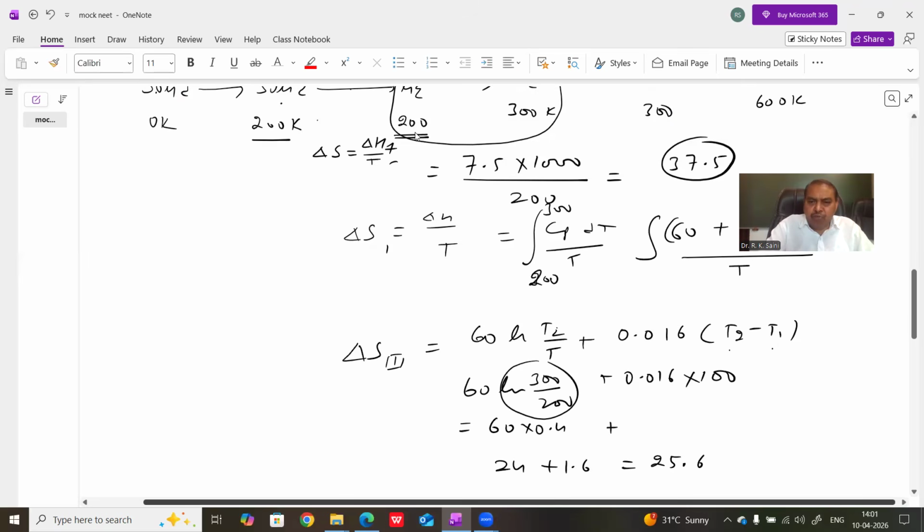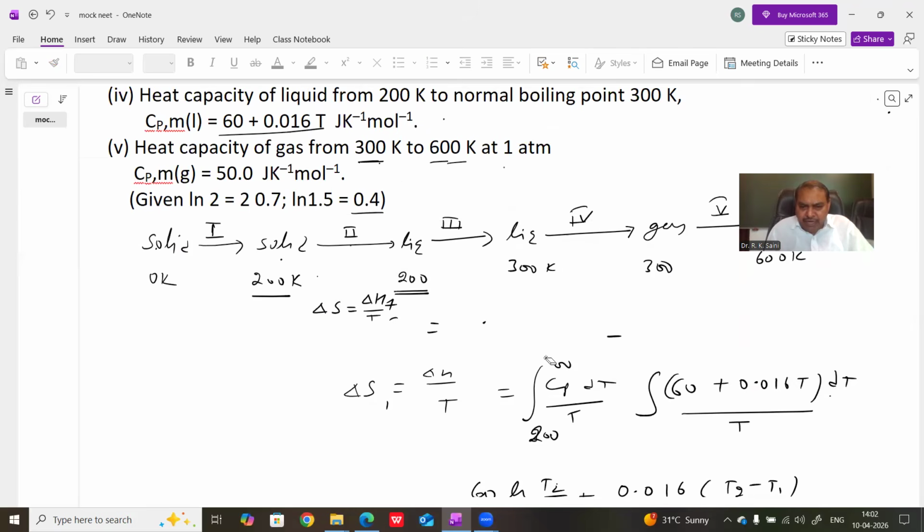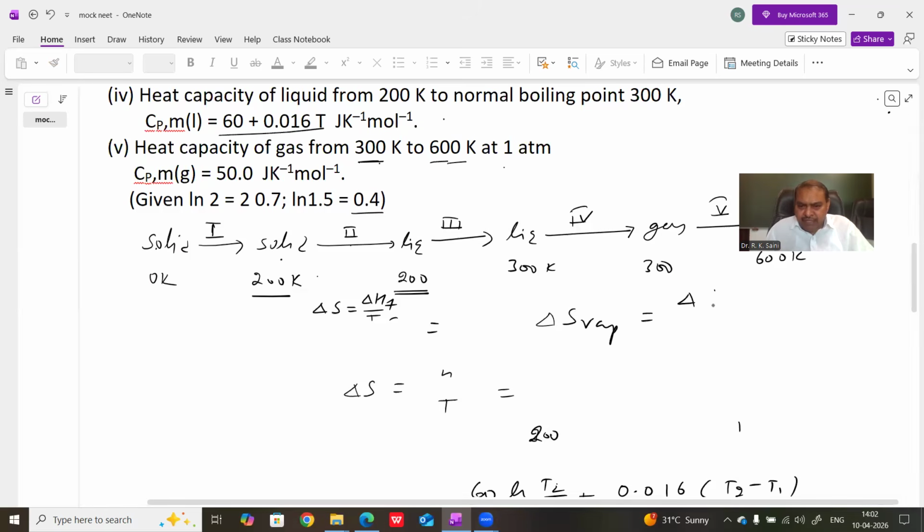Then we find the entropy change in step 4. It is known as the entropy of vaporization, which is the enthalpy of vaporization upon vaporization temperature, meaning the boiling point.